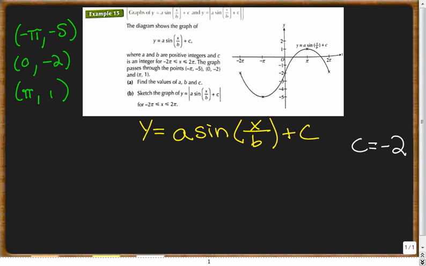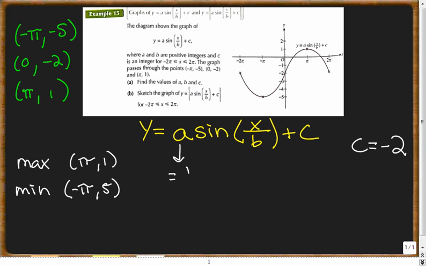If I know that my max is at pi and 1, and my min is at negative pi and negative 5, I can figure out what my amplitude is. So amplitude equals the max minus the min over 2.